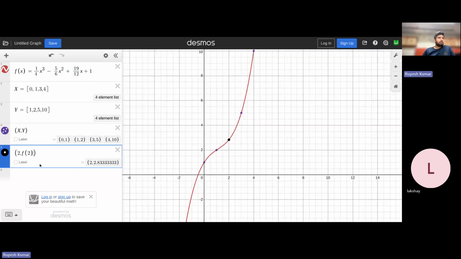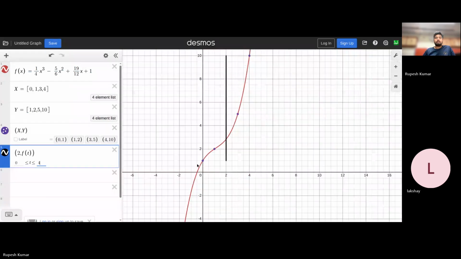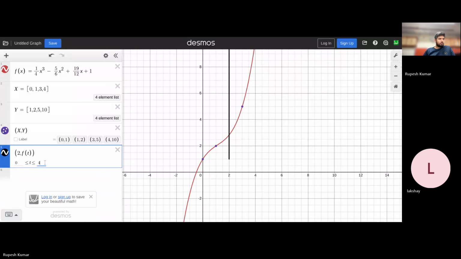So now we can use t, and we can choose any t between 0 to 4, right? The point is t comma f of t.